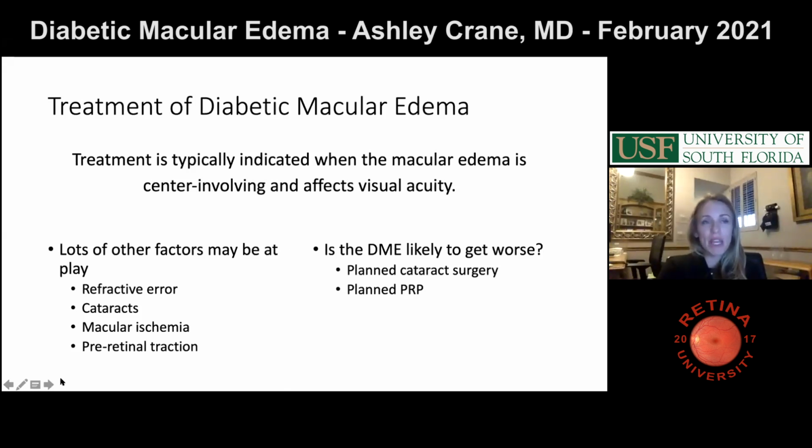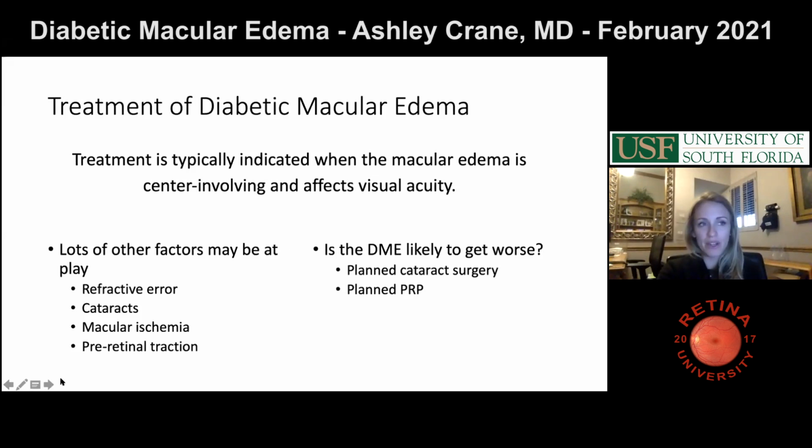I don't necessarily delay their cataract surgery or their PRP, but I certainly would give at least one shot if I think that they have borderline visually significant edema. And if you have a compliant patient that you think is definitely going to come back, giving a couple shots before a PRP is not the end of the world.